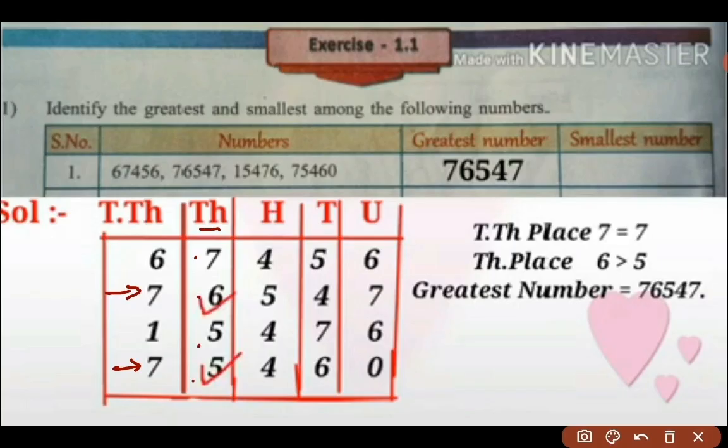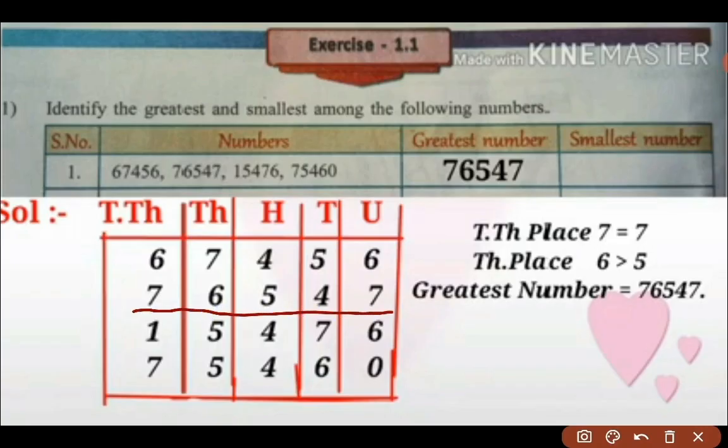Okay, sorry, not for all. We had seen these two numbers are starting with 7. So between these two numbers, one number has 6 and the other has 5. Since 6 is greater than 5, you can say that this number, 76,547, is greater. This is the greatest number among all these 1, 2, 3 and 4, that is 76,547.